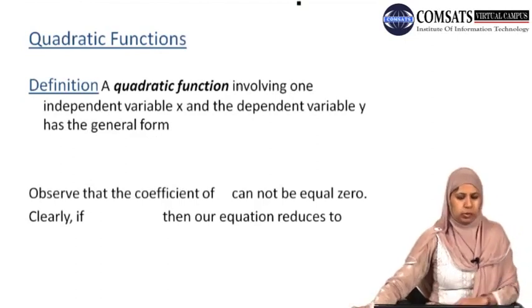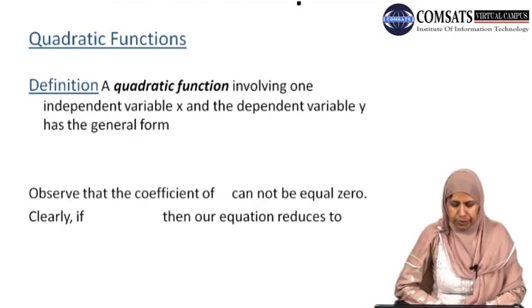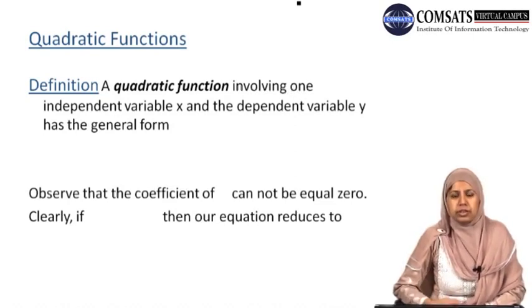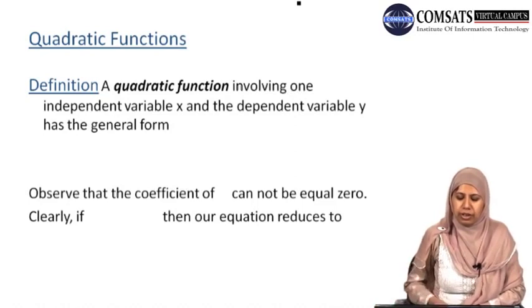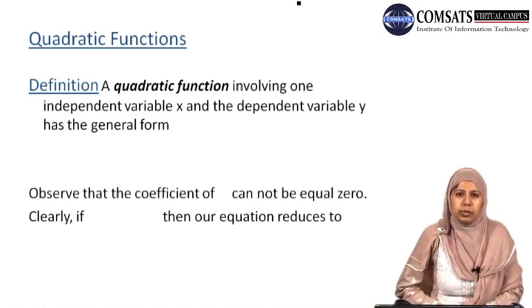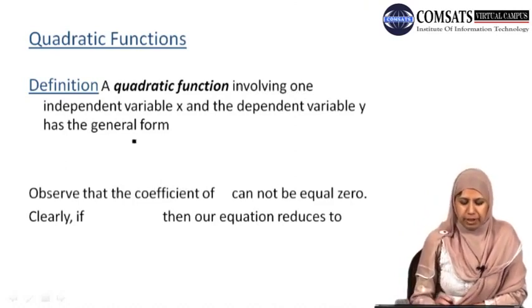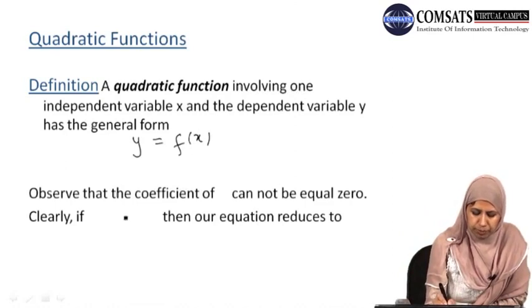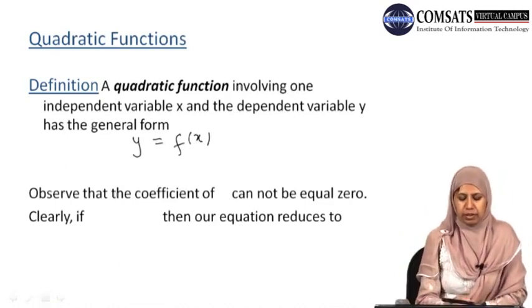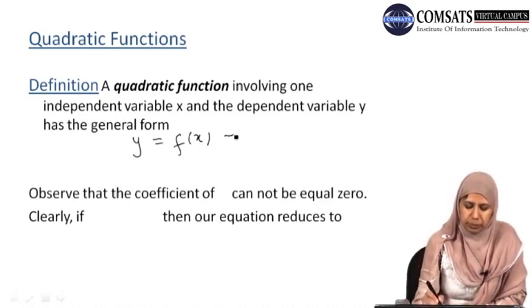Okay, so we define mathematically what we mean by quadratic functions. We have already defined them in our chapter 4, but for the sake of simplicity we will recall the definition: a quadratic function involving one independent variable x and the dependent variable y has the general form y = f(x), where y is the dependent variable and x is the independent variable.